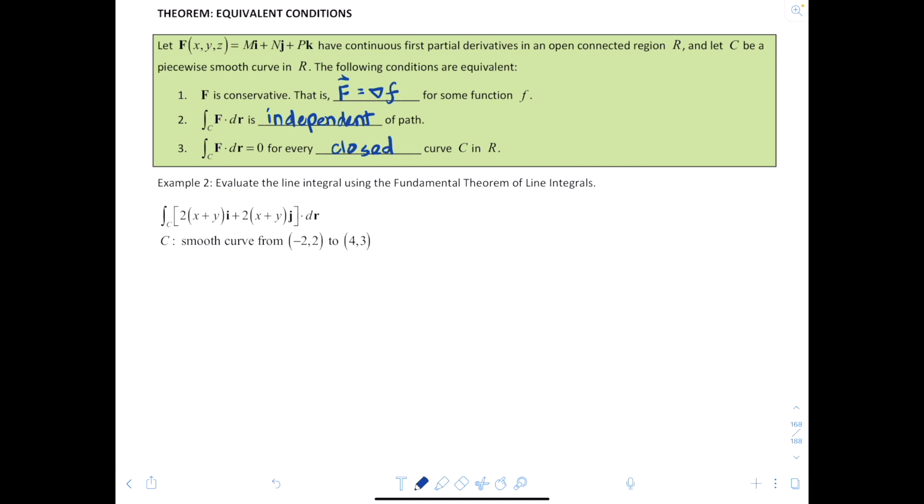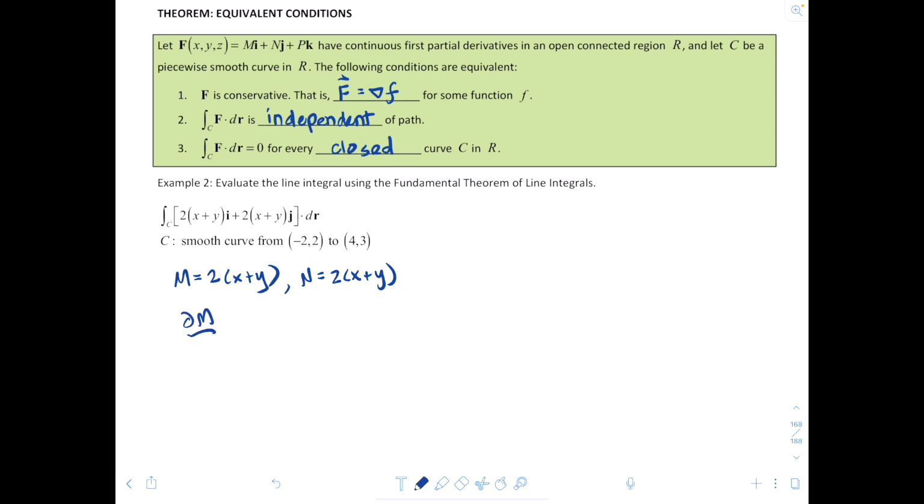Do you see that m is equal to 2 times x plus y, and that has continuous first partials in this smooth curve C, and n equal to the same thing, so it's going to have continuous partial derivatives in an open connected region R. And C is given as a smooth curve from negative 2, 2 to 4, 3, right, so that's the R. So all we have to do is check to see if f is conservative.